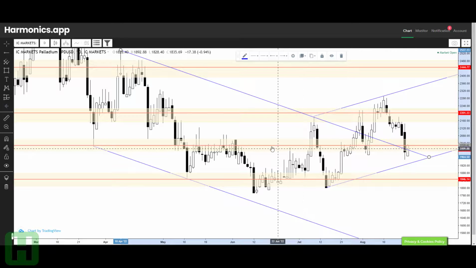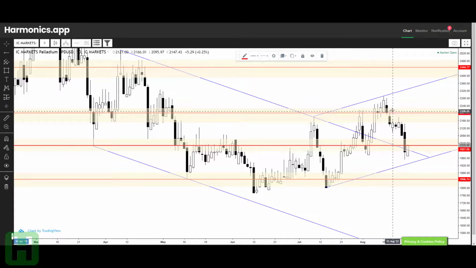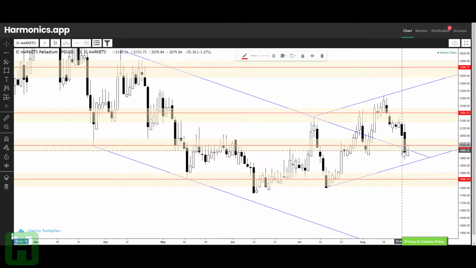So this means this level is not so good for the price as a support when the price is moving down. It is much better respected when the price is heading up. In this case, when the price was heading down, we can see the price did not respect this support as well as it should.